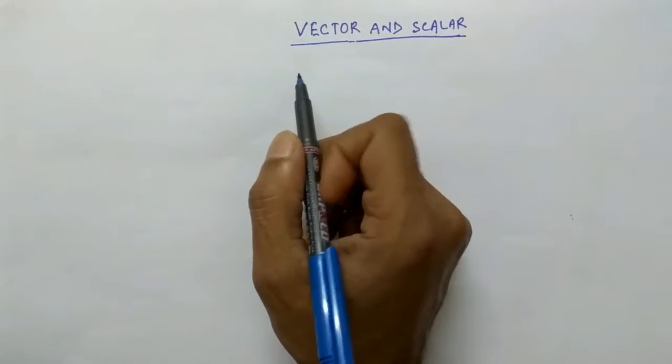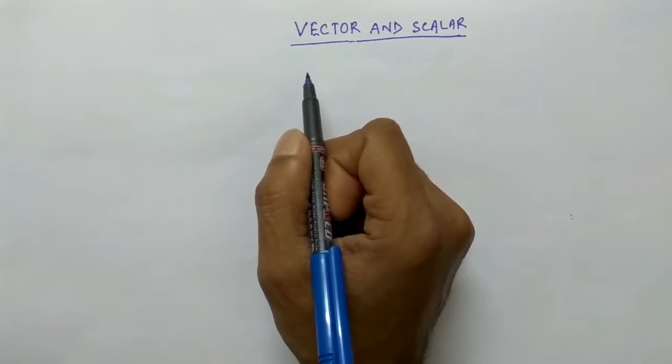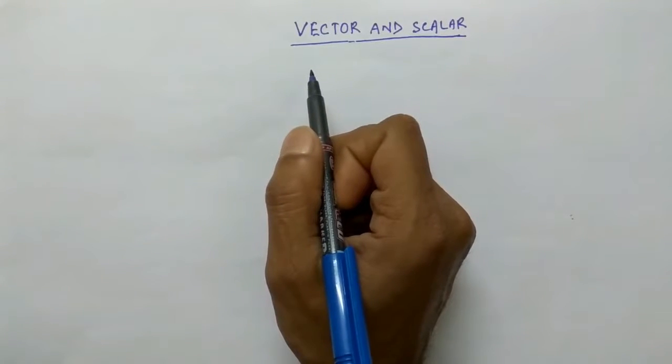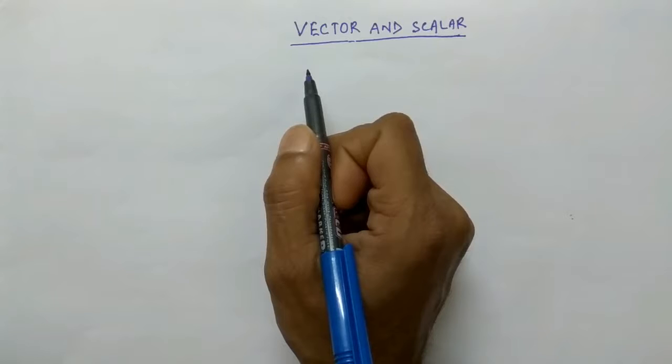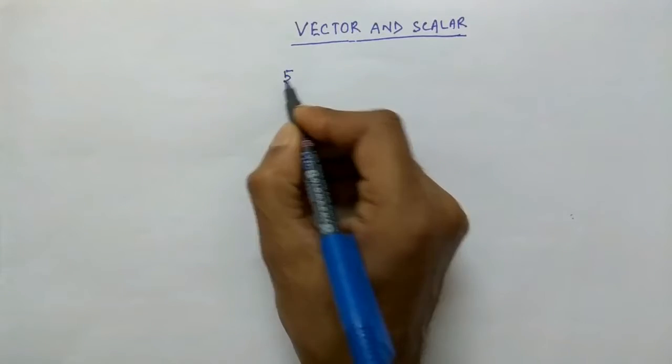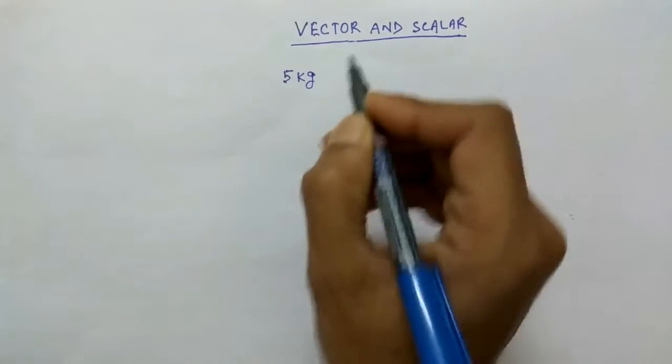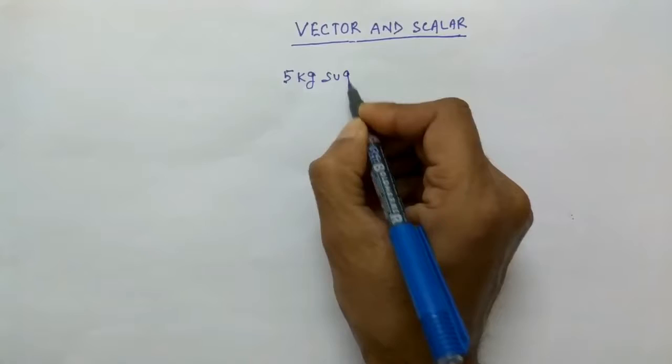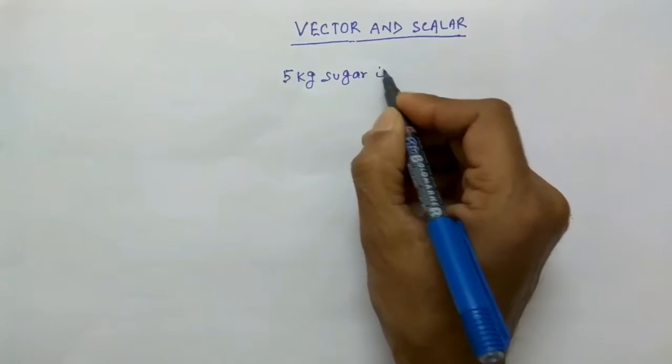Friends, when we go to the market for buying sugar or vegetables, we do not tell the shopkeeper to give 5 kg sugar in East.